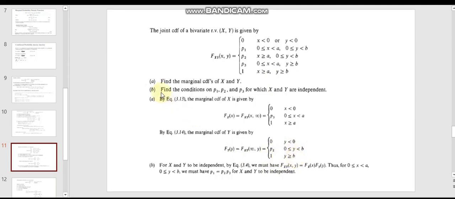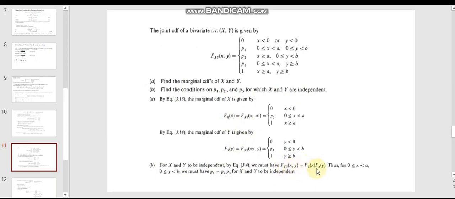So in the b part, find the condition on P1, P2 and P3 for which x and y are independent. So for x and y to be independent, we must have the product of the marginal probability of x and the marginal probability of y equal to the joint CDF of x and y.